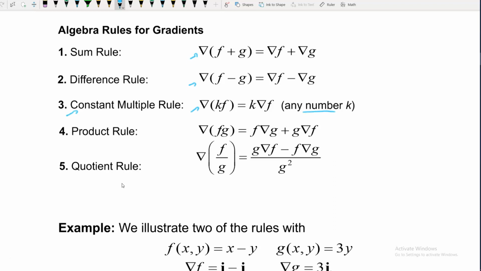Product rule: gradient of f times g is equal to f times gradient of g plus g times gradient of f. And finally, quotient rule: gradient of f over g is equal to g times gradient of f minus f times gradient of g, over g squared.